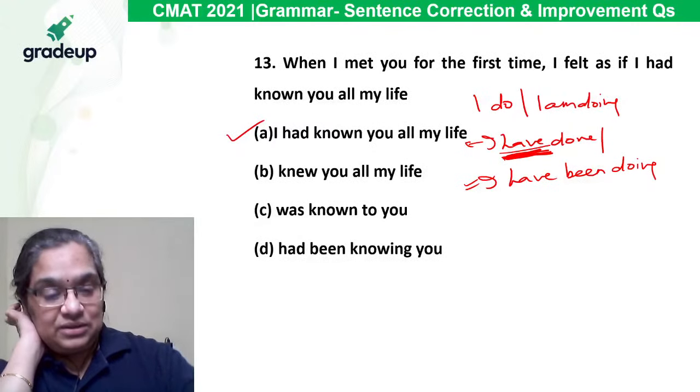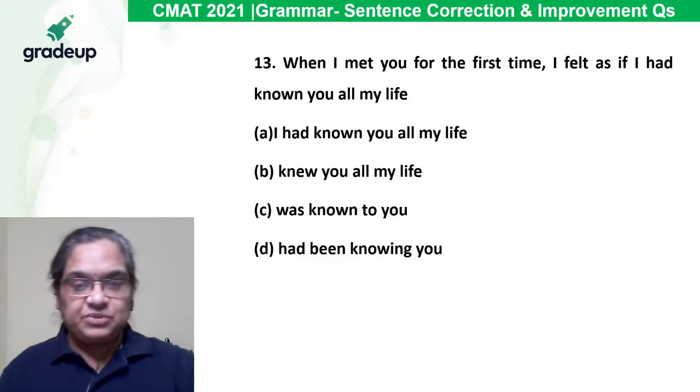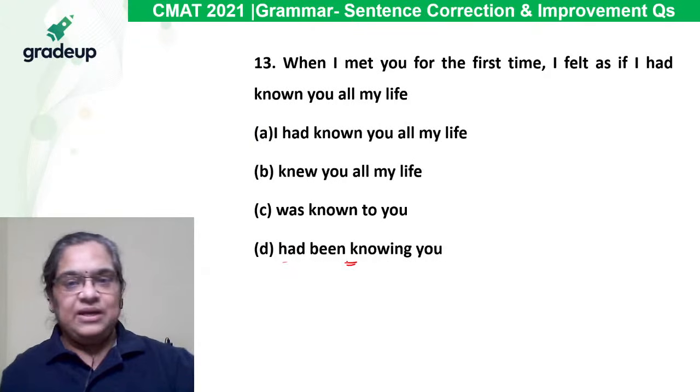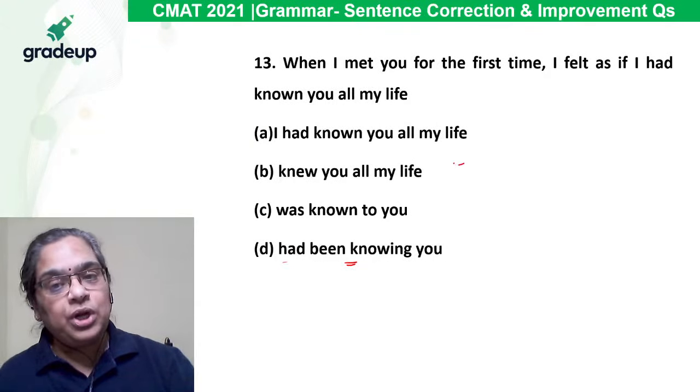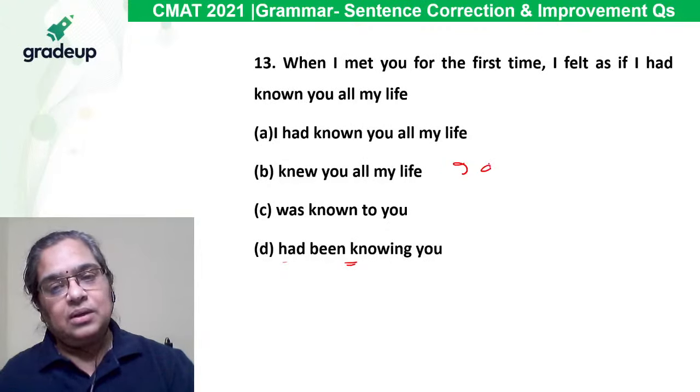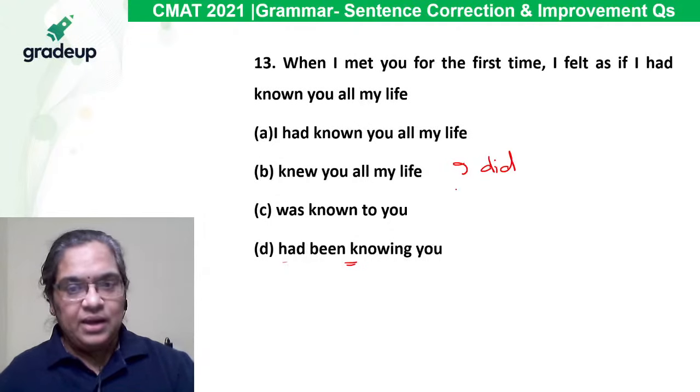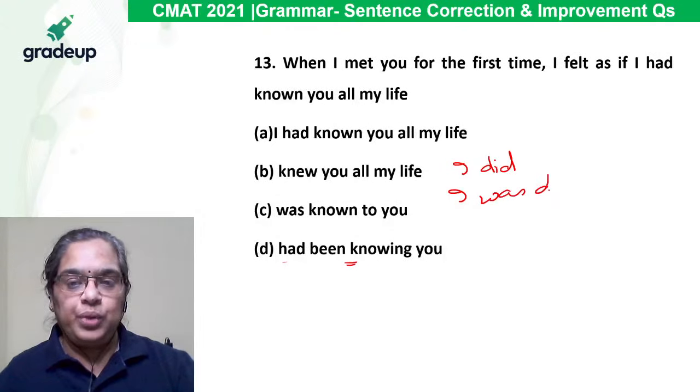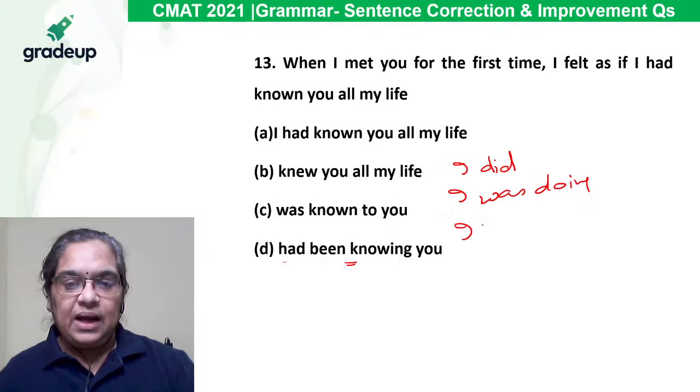Now, the reason many of you got this wrong, that's why I'm pointing this out, had been knowing you. When do you use this? Okay. Past tense, I told you, I ate. No, I did. Okay. I was doing. I had done.